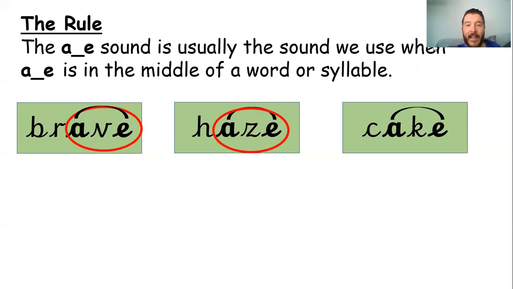You can see there that the letter A is in the middle of those words, isn't it? And the E might be at the end, but there is always another sound after it. So if we sound out B-R-A-V, the A's there, isn't it? H-A-Z, the A's there in the middle. K-A-K, the A's there. Okay?